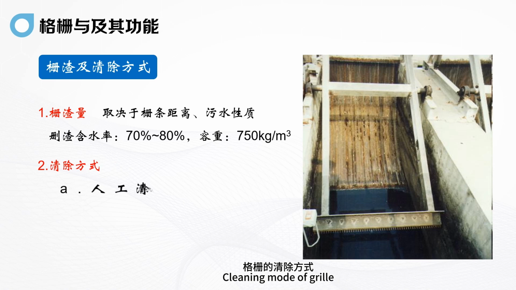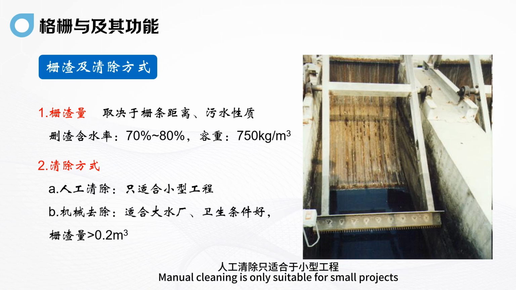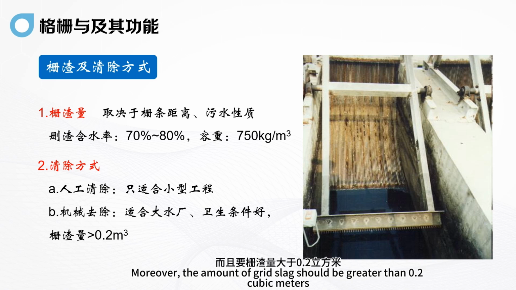Cleaning mode of grill: there are two ways, manual cleaning and mechanical cleaning. Manual cleaning is only suitable for small projects. Mechanical removal is suitable for large water plants with better sanitary conditions. Moreover, the amount of grid slag should be greater than 0.2 cubic meters.